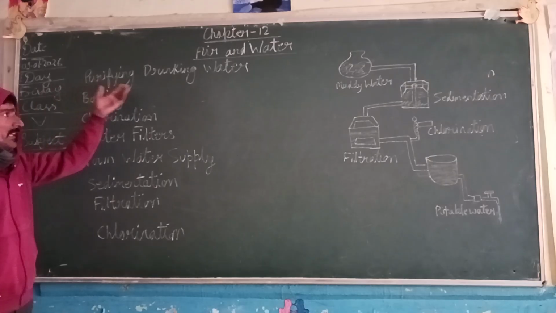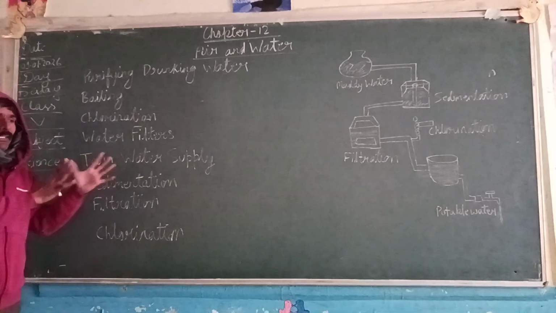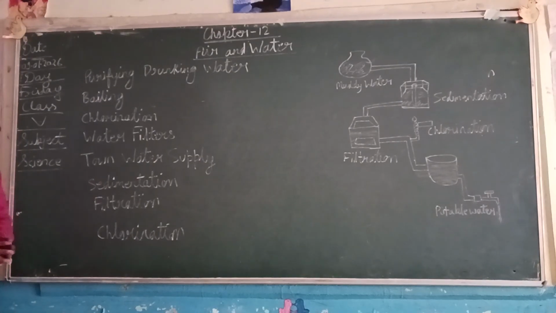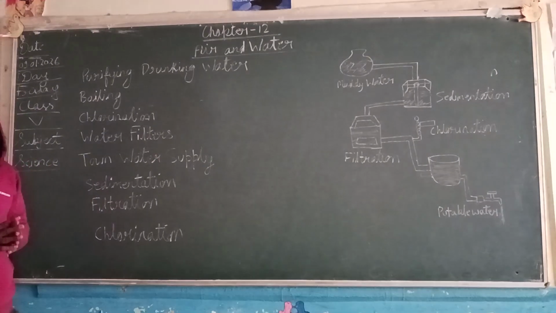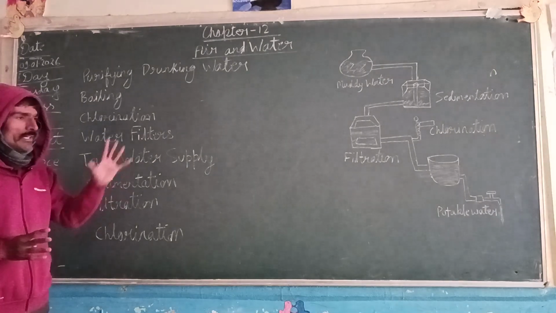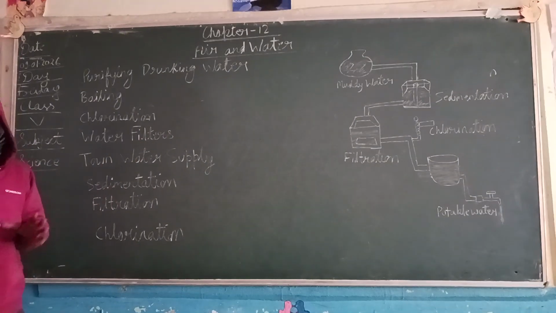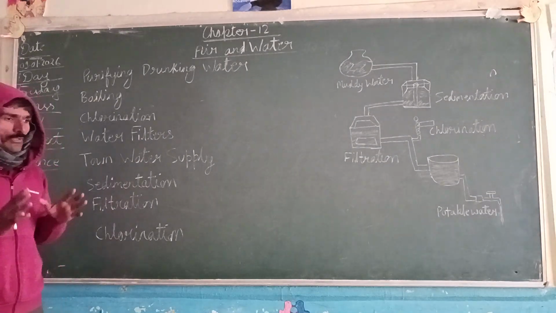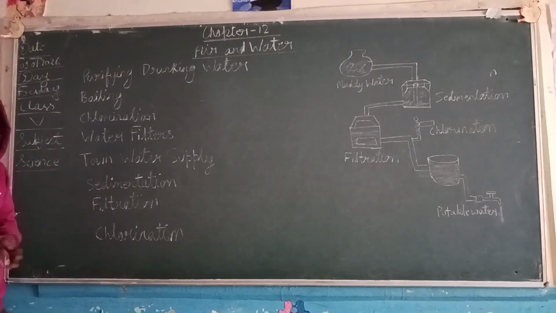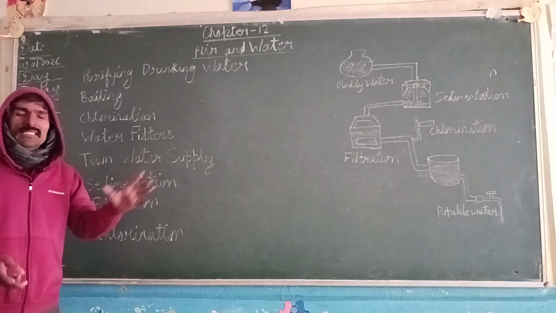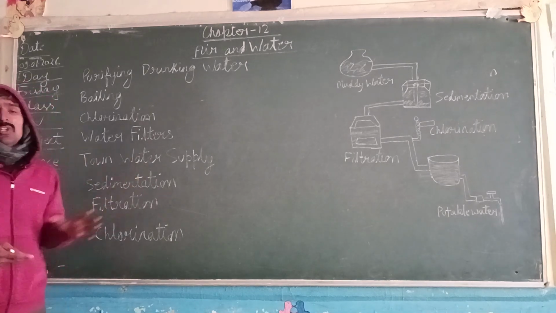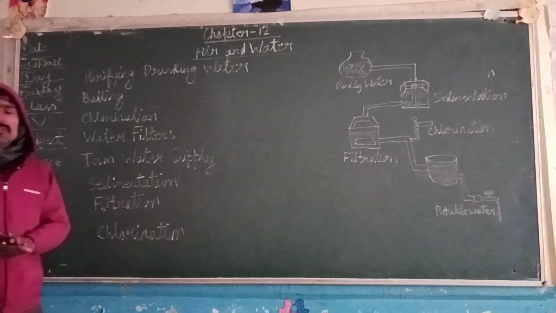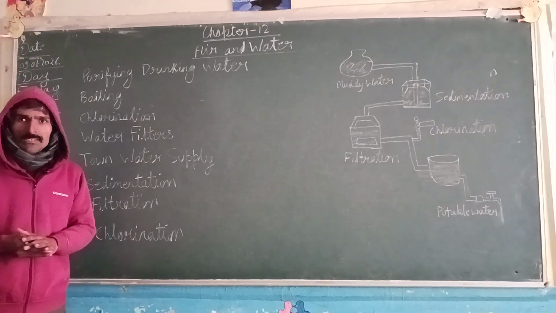The first one is purifying drinking water. In the last class we talked about how the water we get from water resources is not pure enough to drink directly. Many things are mixed in it: insoluble impurities, soluble impurities, and sometimes germs also.